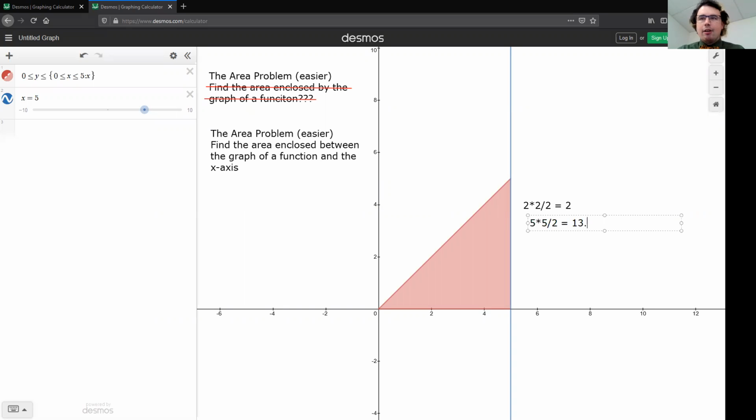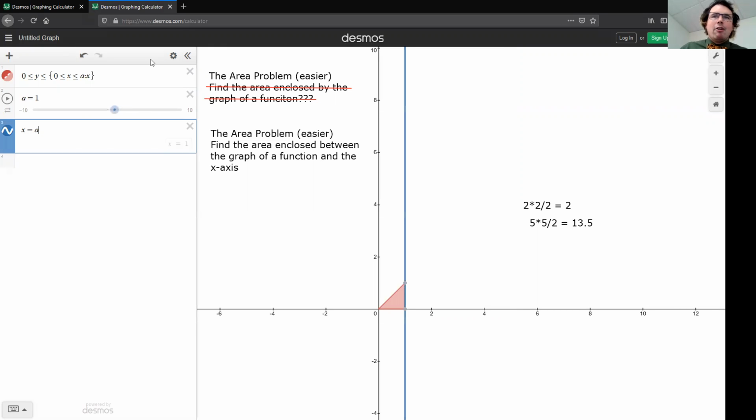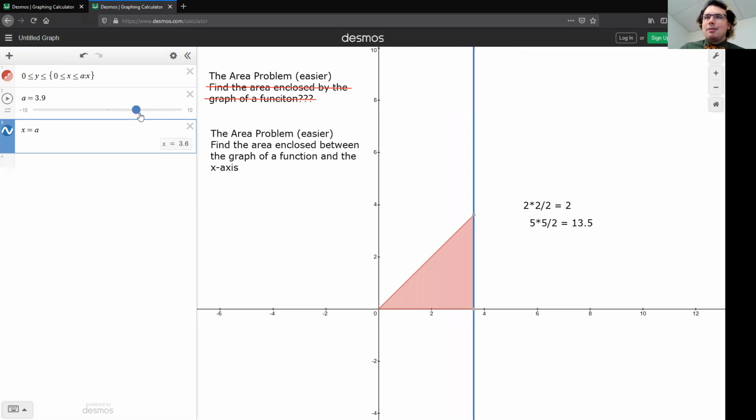So I would have 25 divided by 2 as the amount of area. And if I change that stopping point, then I get different amounts of area, like this.